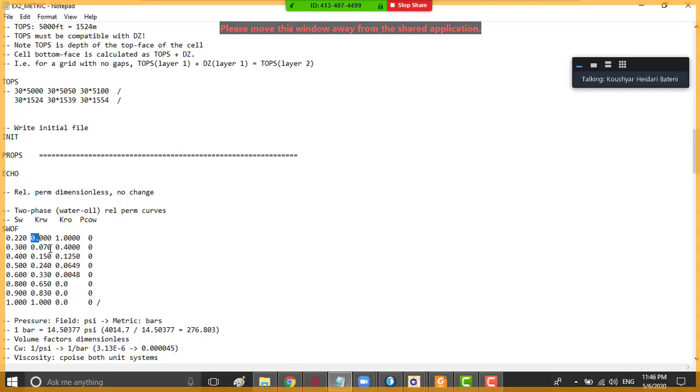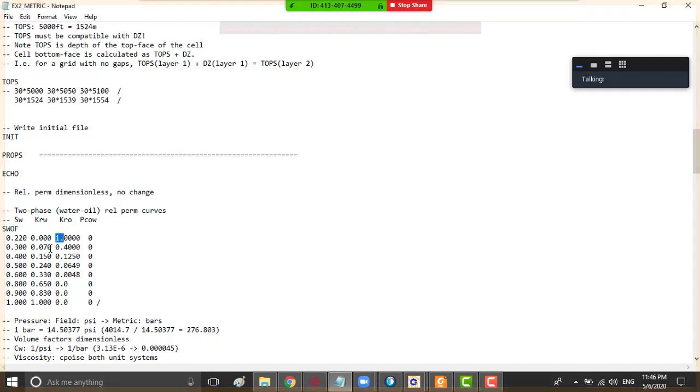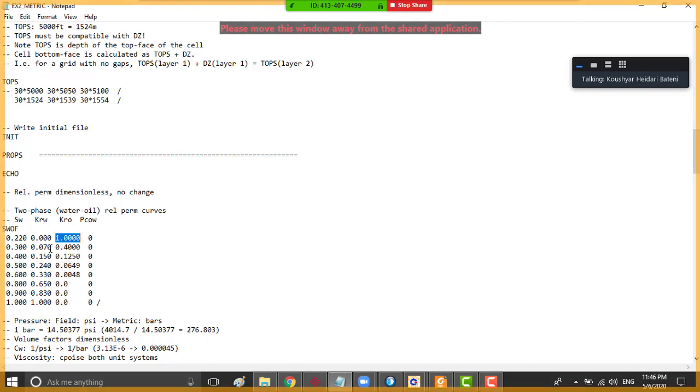The permeabilities in the metric system and in the field system are both in millidarcies, so you're going to have no need for unit conversion on that front. And luckily, the fourth column here is dedicated to capillary pressures of oil and water. Now, here all the capillary pressures that you have are 0.